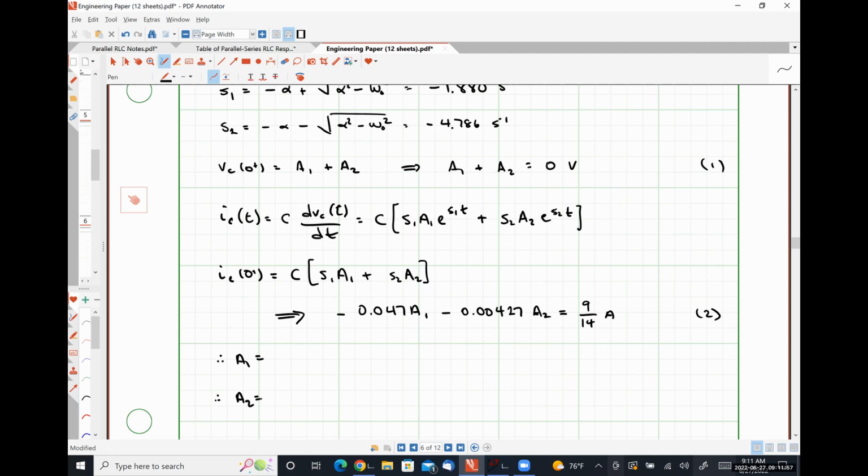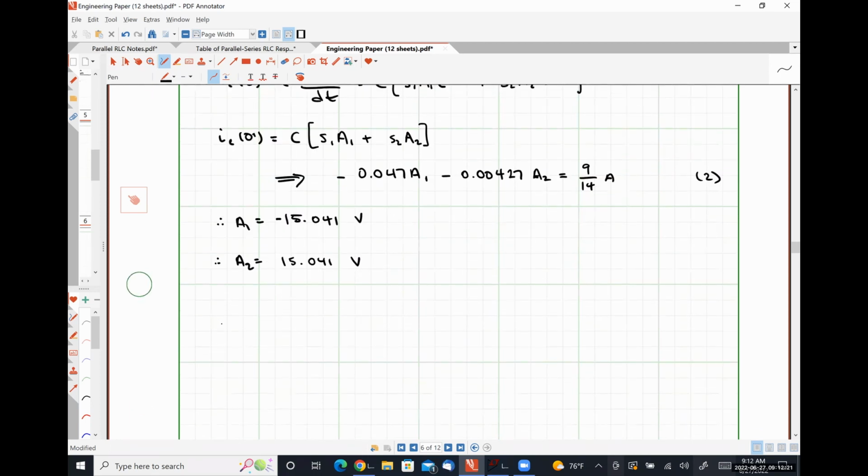My constant term is positive 9 over 14. And when I solve this, I get negative 15.041 volts for A1, positive 15.041 for A2.